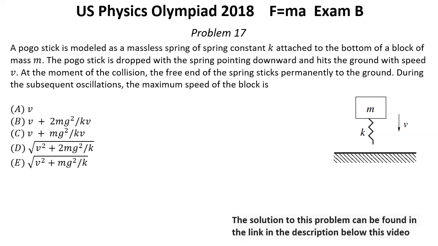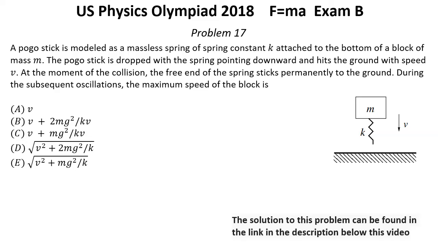Solution for problem number 17. When this pogo stick reaches the ground, it's still accelerating down because the force of gravity equal mg and the force from the compressed spring is small.